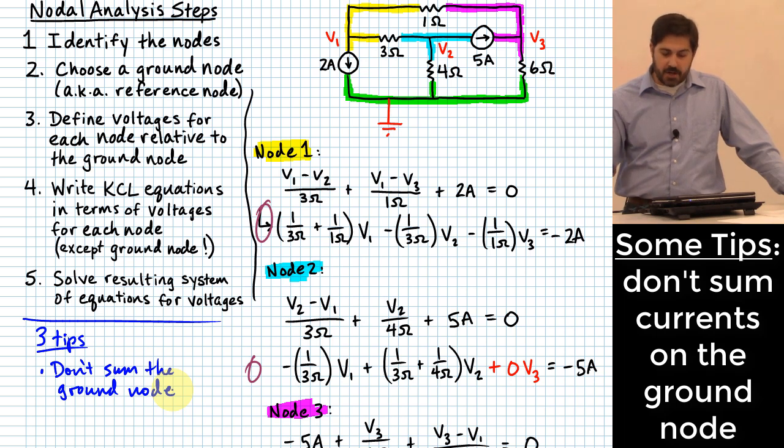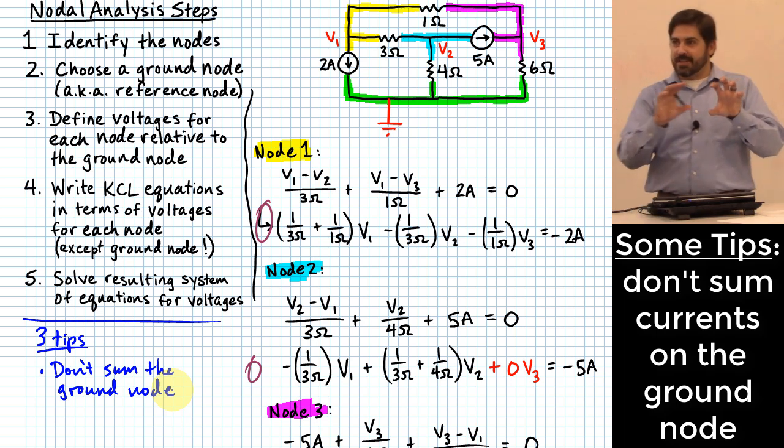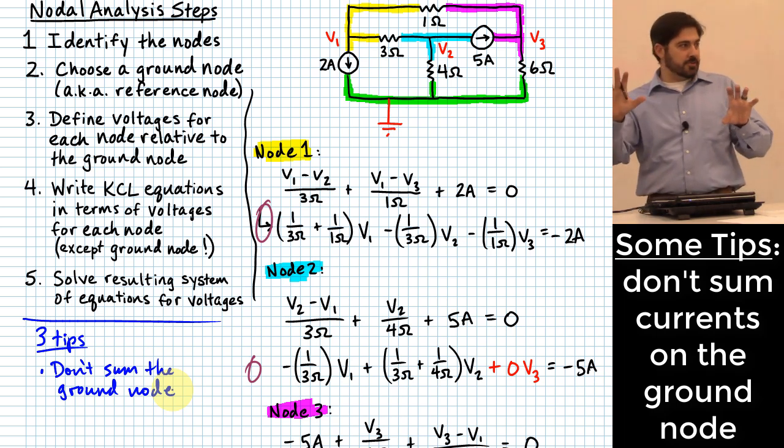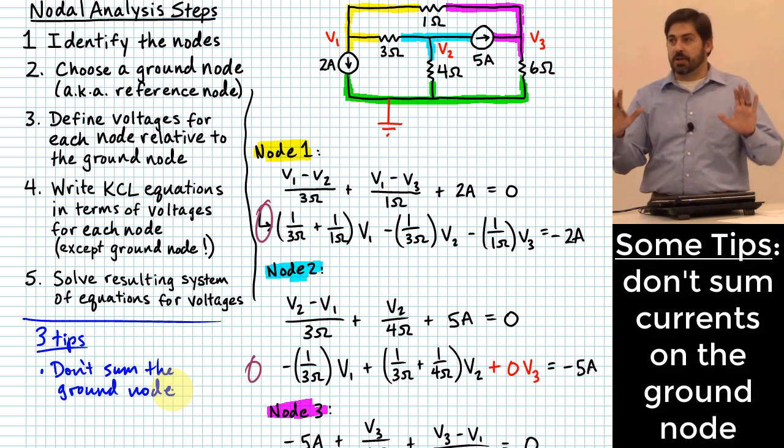Once you have done Kirchhoff's current law for all but one of your nodes in a circuit, Kirchhoff's current law is implied for the last one by all of the relationships that you already used, because there's no other place for current to go. So if current was conserved in all but one of your nodes, you have already used all the information you can using Kirchhoff's current law.